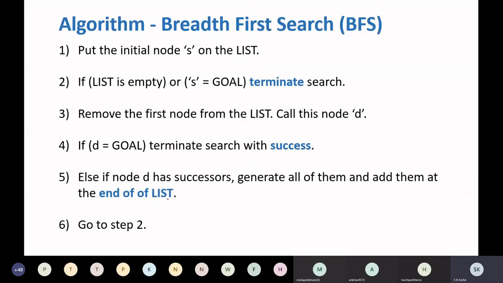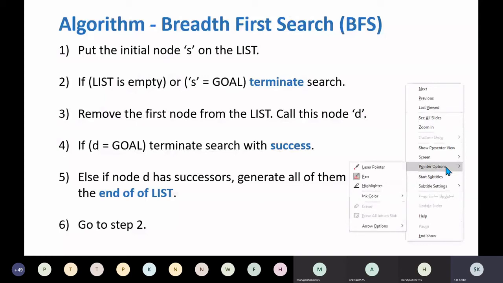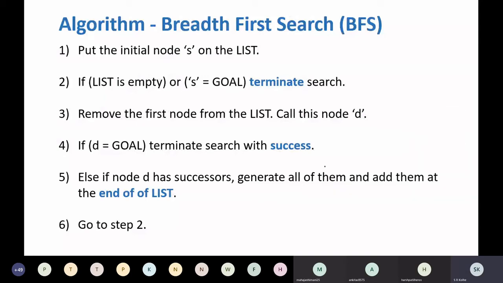So let us put this in algorithmic form. A little bit of change we will have to make as compared to the previous algorithm. Breadth first search: the first step is the same, put the initial node on the list. If the list is empty or S is a goal, terminate the search, same as the previous algorithm. Remove the first node from the list, call it D, same. If D is a goal, terminate, same.